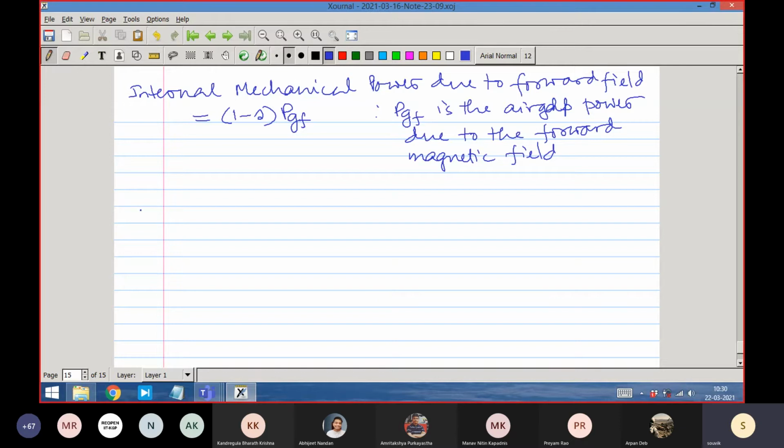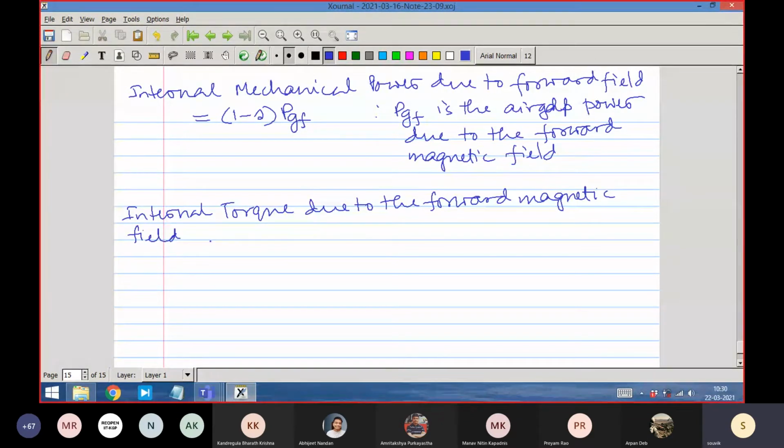Similarly, let us take internal torque. Let us first find out internal torque due to the forward magnetic field.